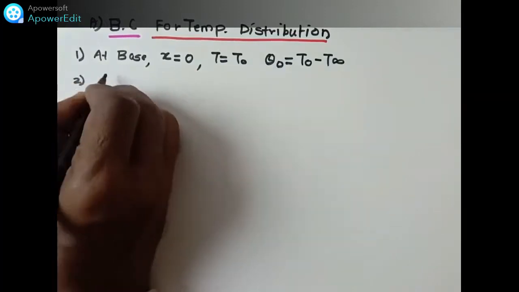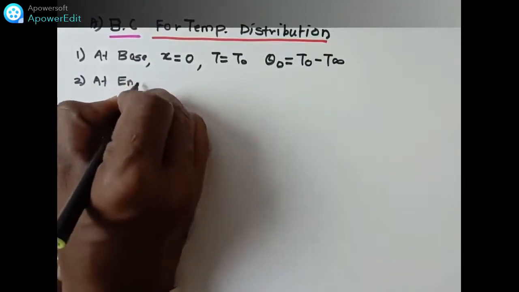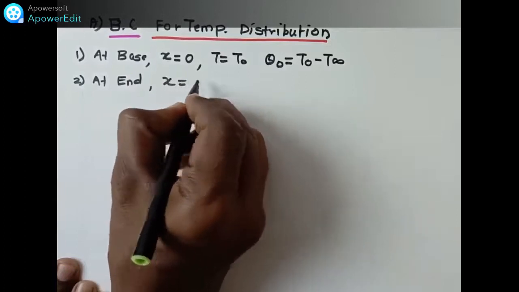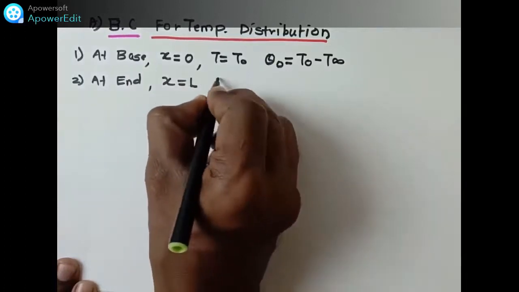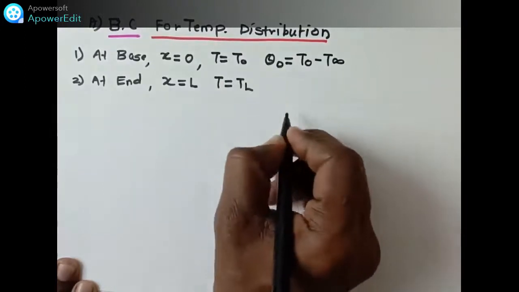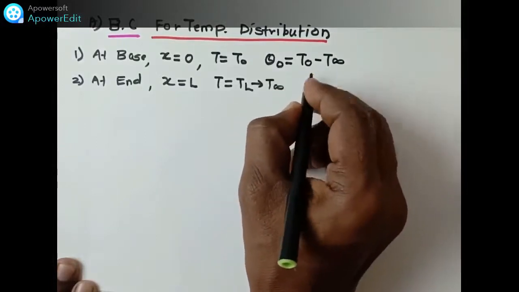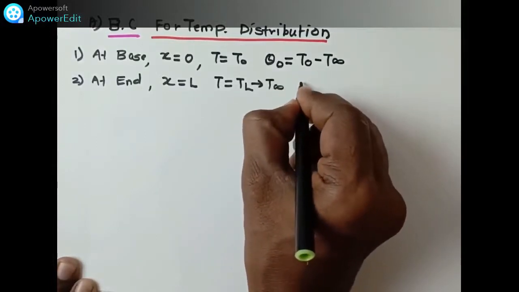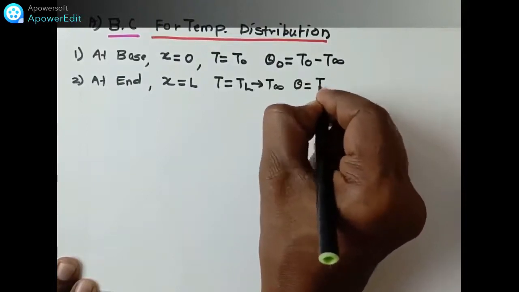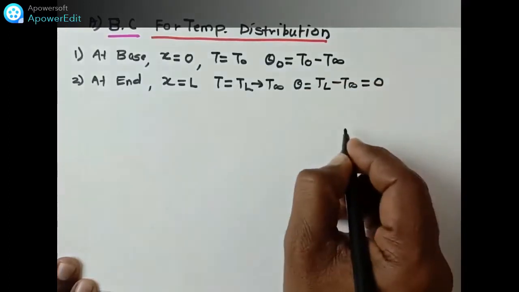Then the second will be the boundary condition at the end of the fin or at the tip. So there x will be what? L, that is the length of the fin. The temperature of the fin surface at the end will be TL, and that tends to T infinity. So that's why in this case theta, means TL minus T infinity, will be equal to 0.